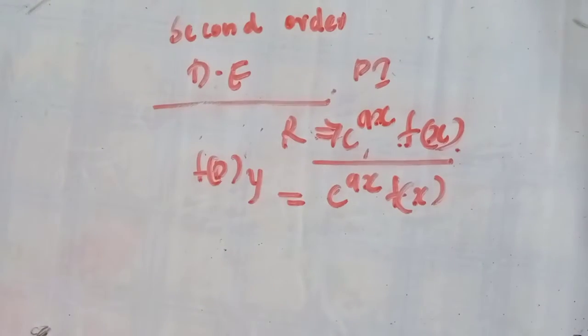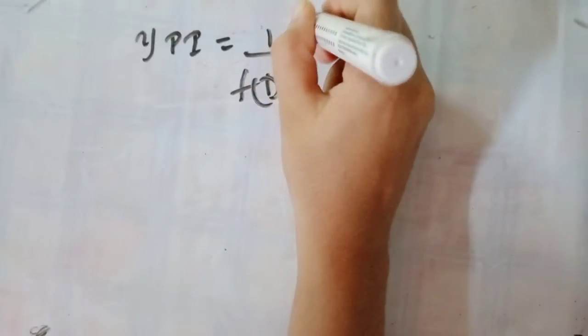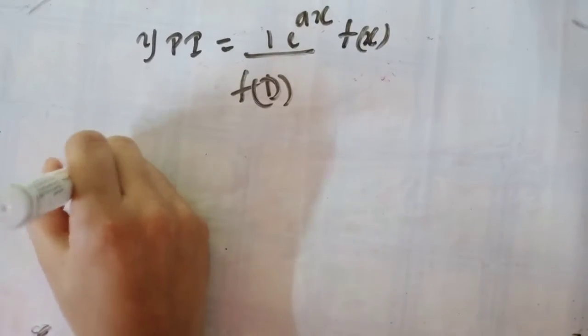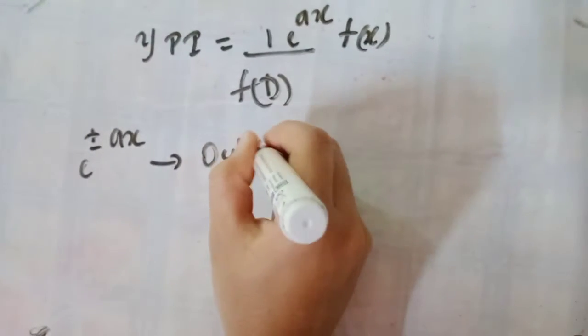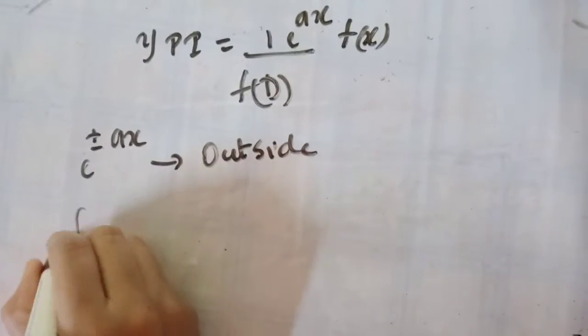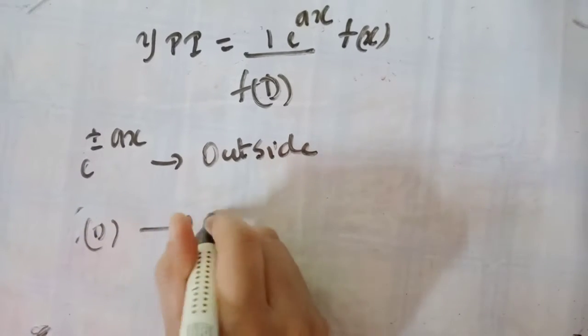What is the method we have to follow? To find y particular integral, 1 by f of D acting on e raised to ax f of x, the method is to take e raised to plus or minus ax outside and replace f of D, that is D, with D plus or minus a.